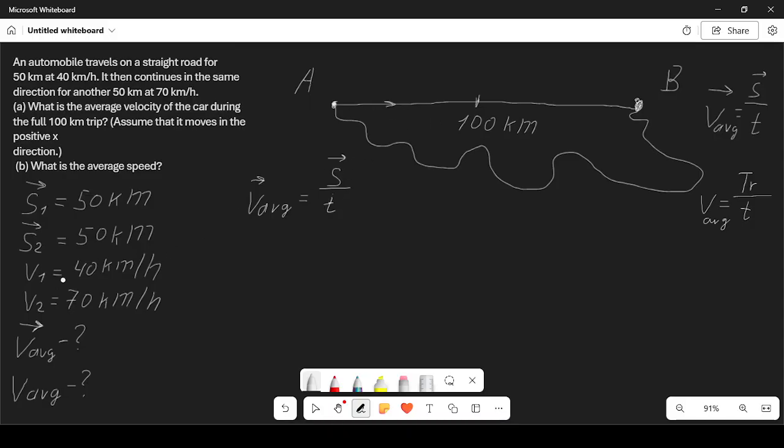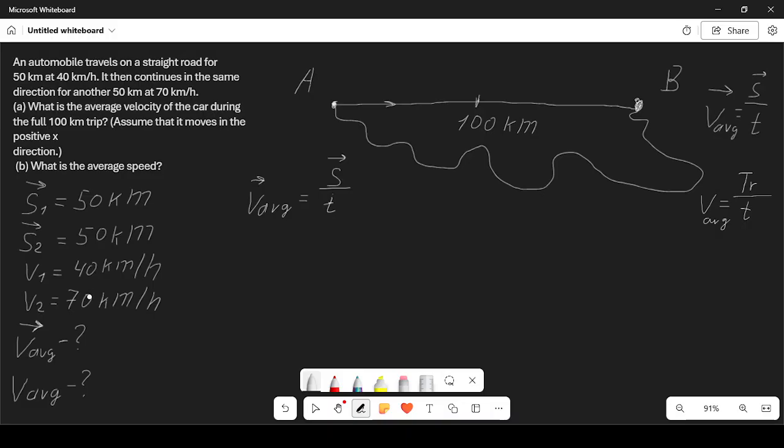But we have speed during the first part of the road, and we have speed during the second part of the road.